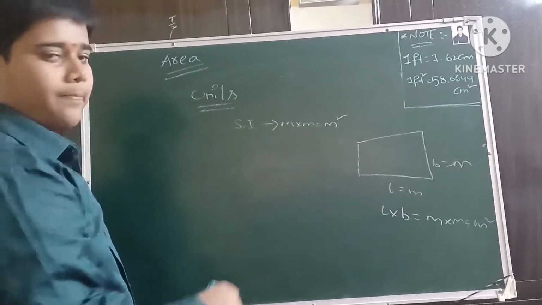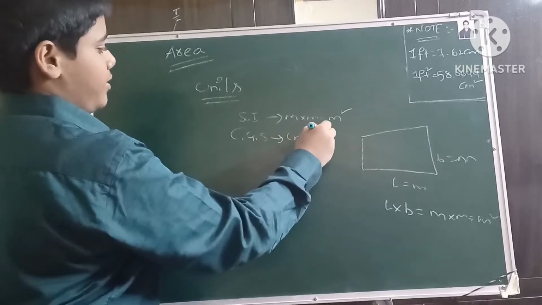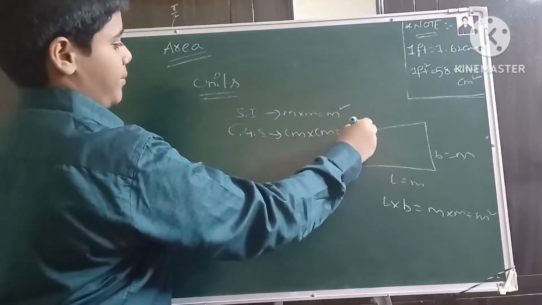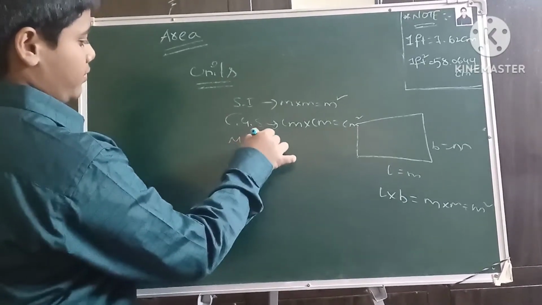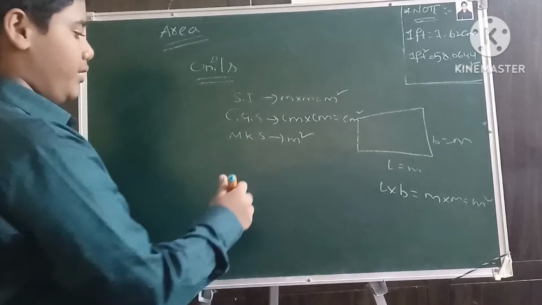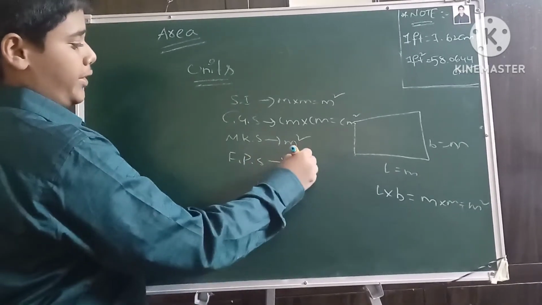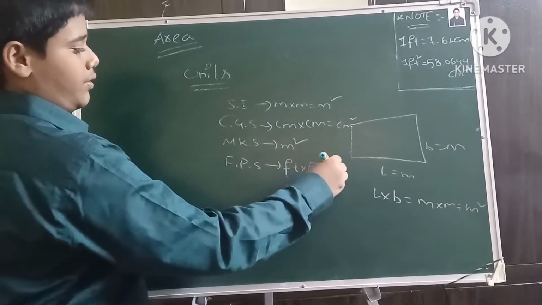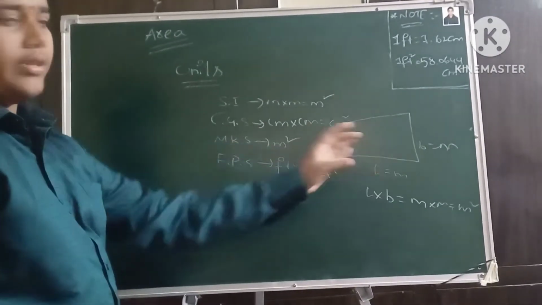So the CGS unit is centimeter into centimeter, centimeter square. MKS is meter square. SI and MKS have the same units. FPS is foot into foot, foot square.